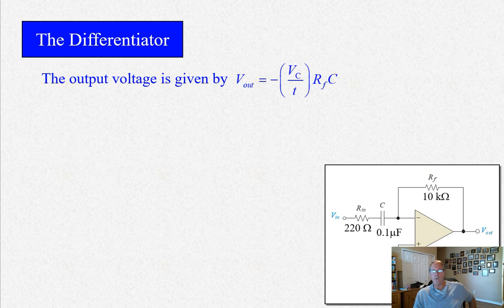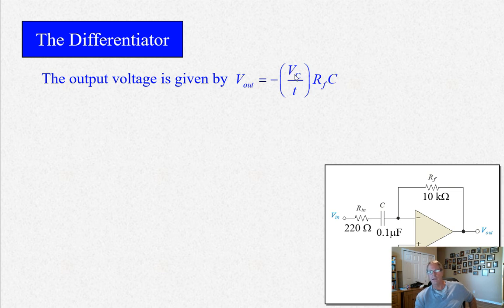So here's the equation. You're going to want to put this on your equation sheet. V out equals minus VC over T times RF, the feedback resistor, times C. If you study the equation, VC is the voltage across the capacitor, which is constant.